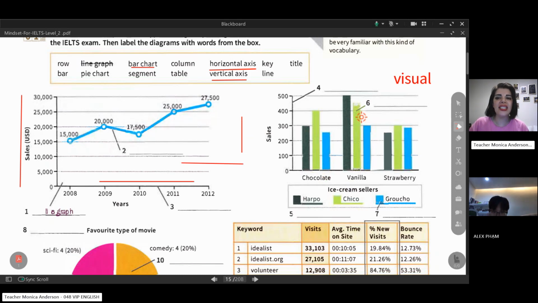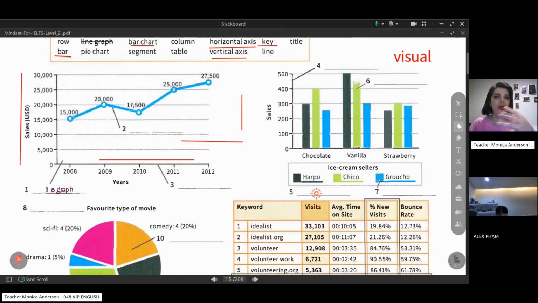And number 6: they are bars, of course. So it's a bar. And here, of course, we normally have a guide. It can be, for example, for a bar chart or pie chart or table. This is a key. Of course, it's a key.